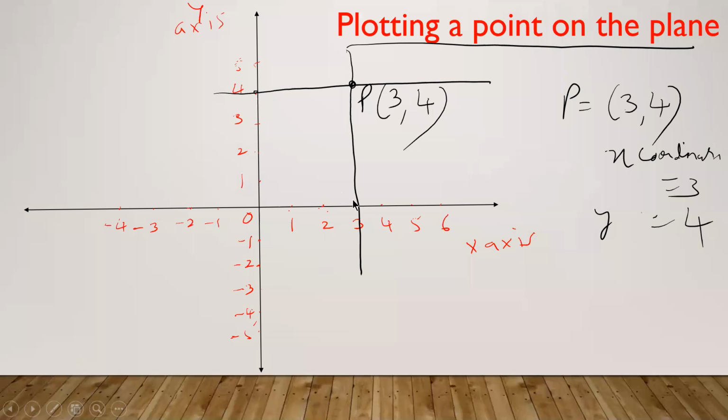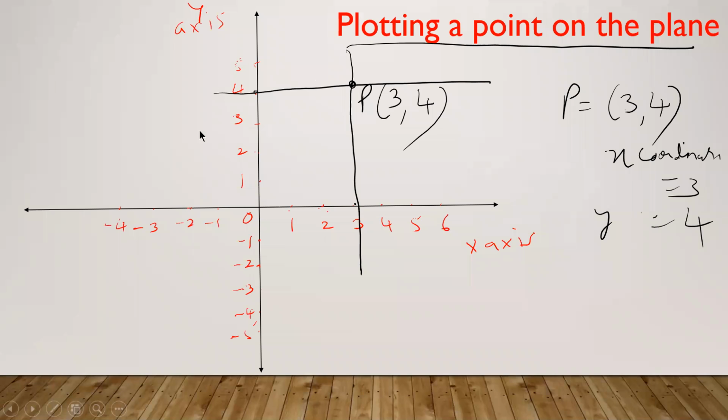Now what you have to do, from this point a line should be drawn perpendicular to x axis, or you can say parallel to y axis. ये लाइन और यहाँ से भी लाइन, ये जहां दोनों लाइन मिलेंगे, this is the point 3 and 4. Okay. In this way, any point, if you know its coordinate, you can plot it on the graph paper.